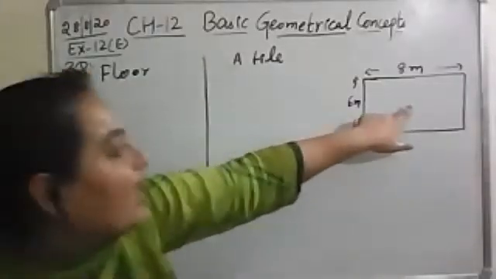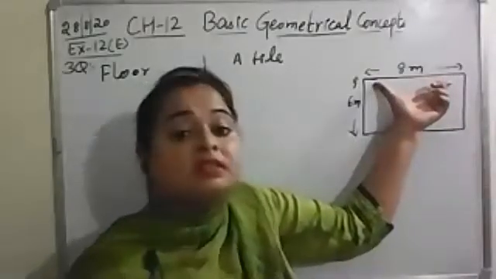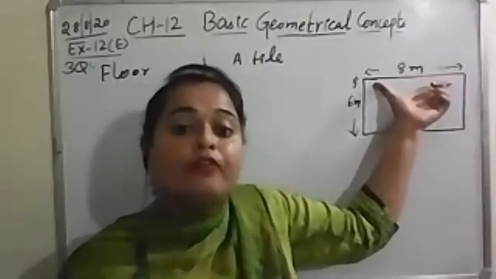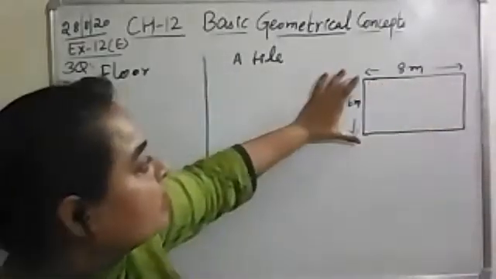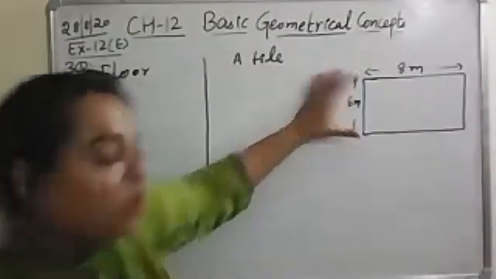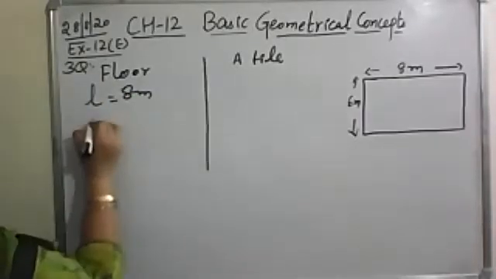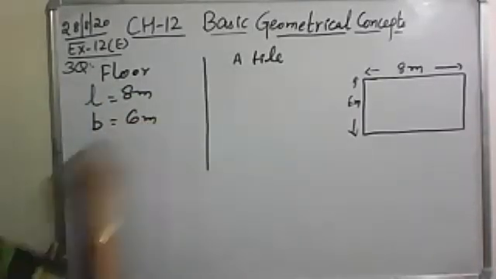So check your diagram. This 8 meter is the length of floor, and this 6 meter is the breadth of floor. Now write down. Length is equal to 8 meter. Breadth is equal to 6 meter.